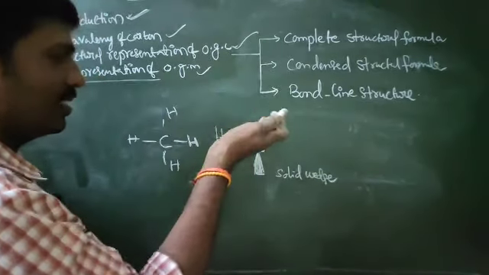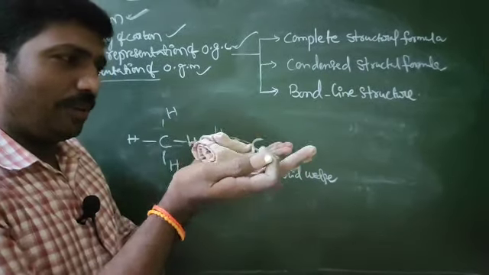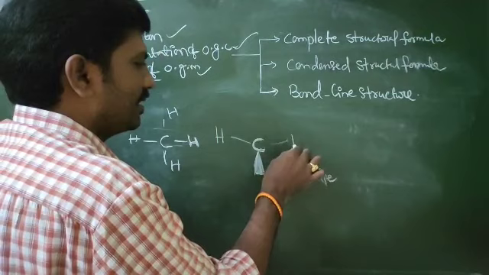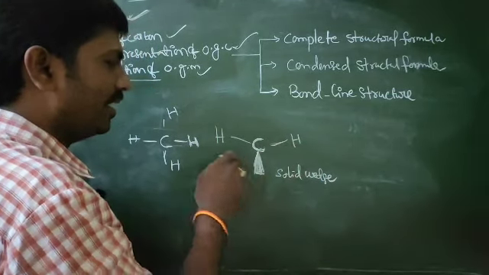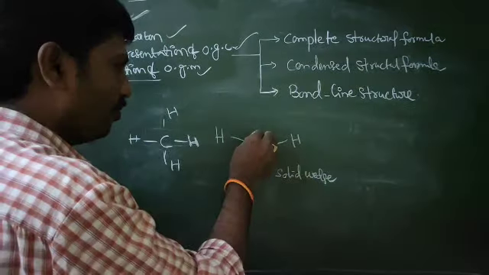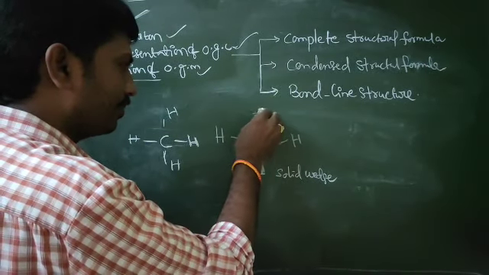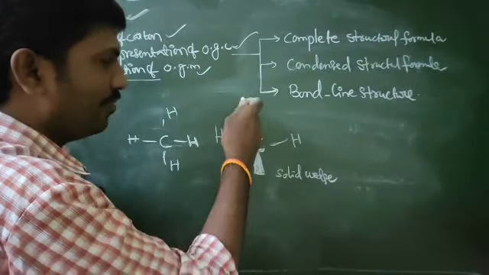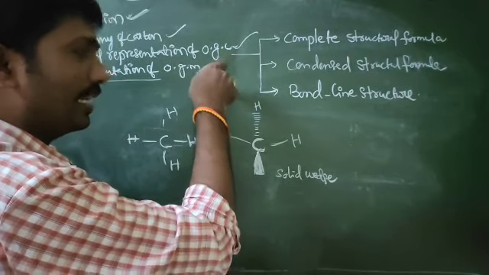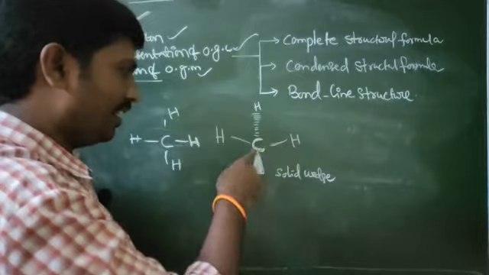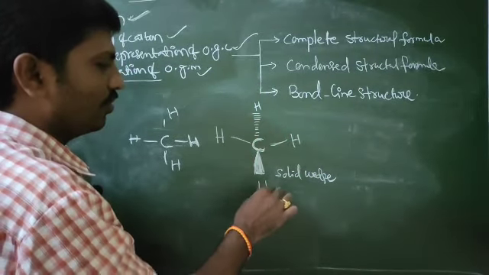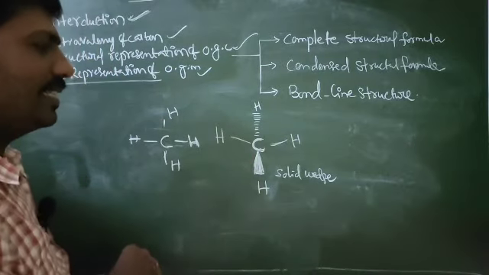On the plane we will represent 2 atoms, like this. 2 atoms is there on the plane. This is your side, and one more I am writing. This hydrogen is away from the observer. That side is the board, this side. This is the left side, this is the right side. Like is there.